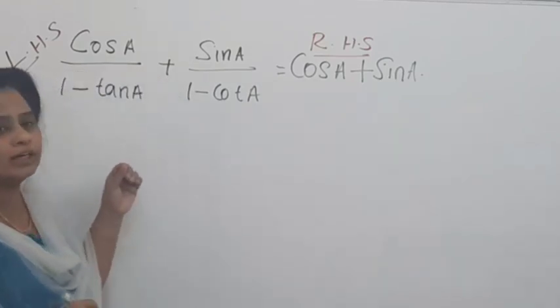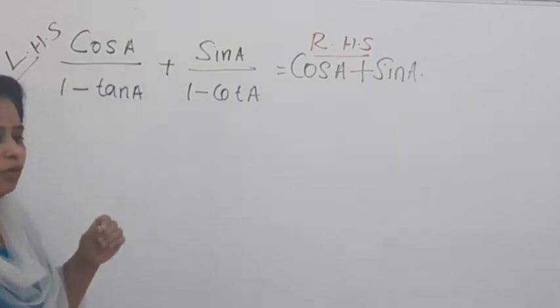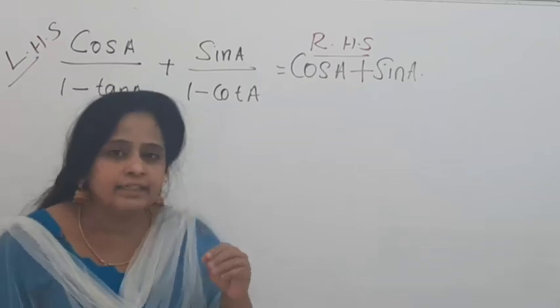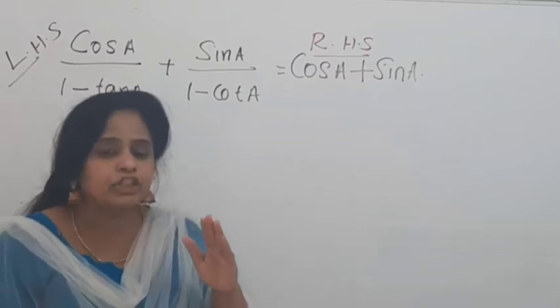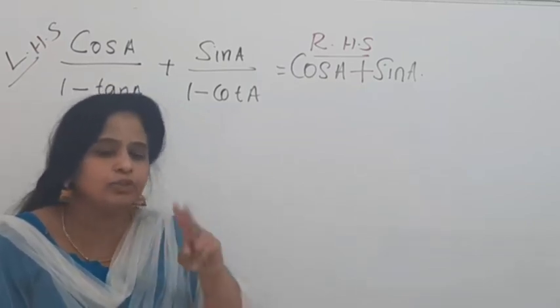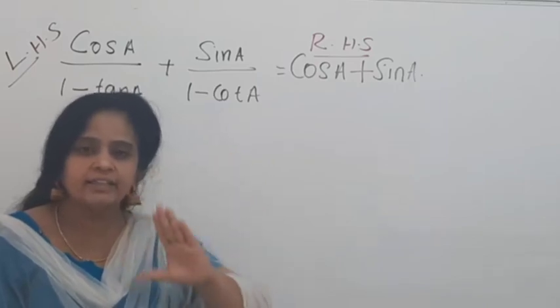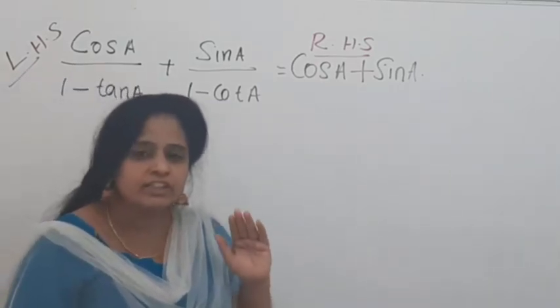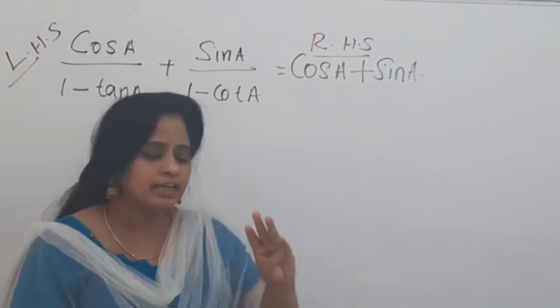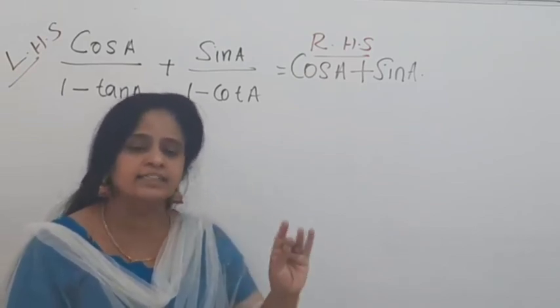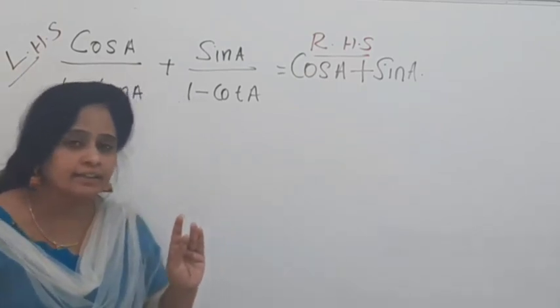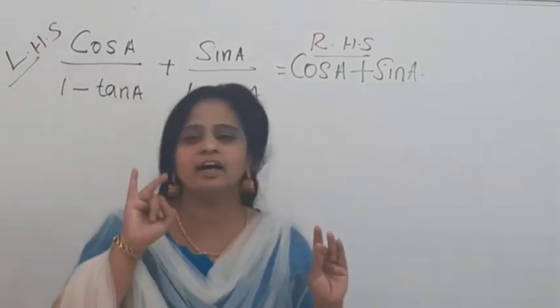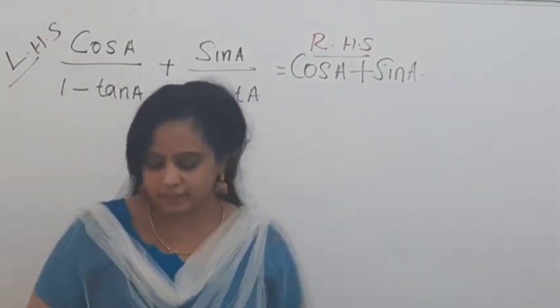Children, when you look at the question, you know the six ratios are divided into two categories. The first category ratios are sin theta, cos theta and tan theta. The second category ratios are sec theta, cosec theta and cot theta.